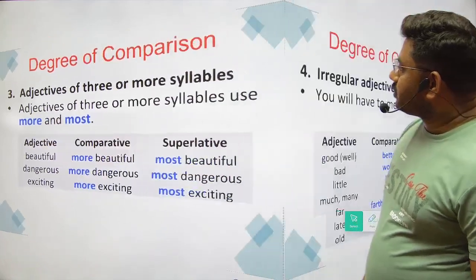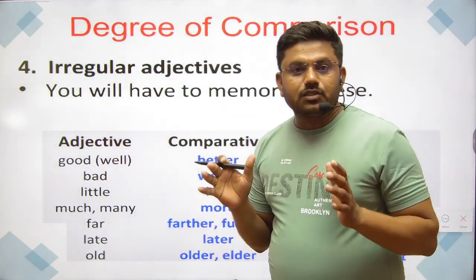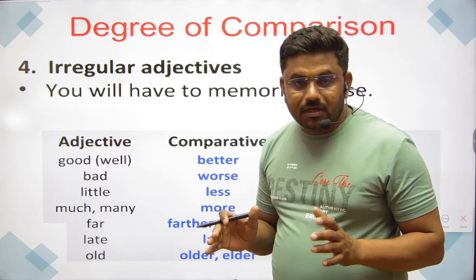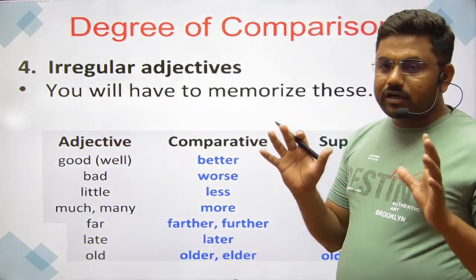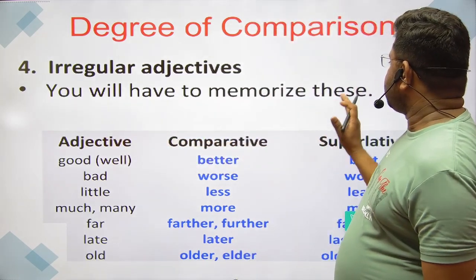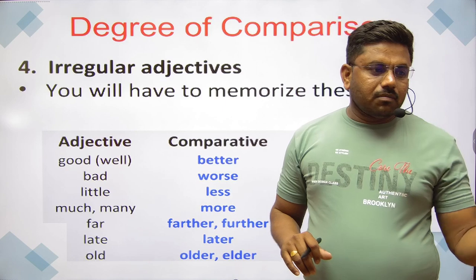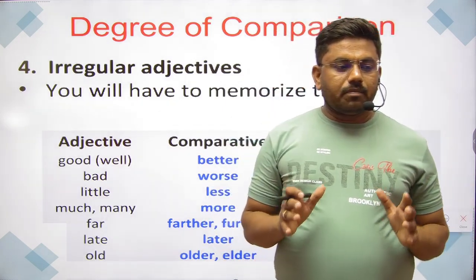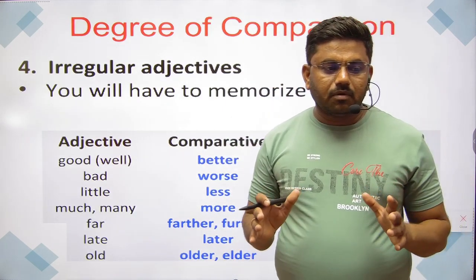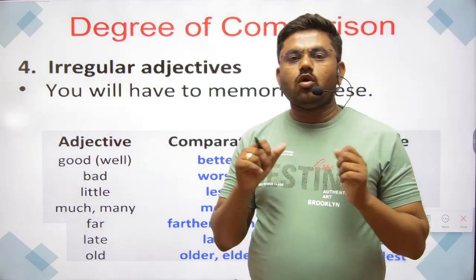Yes. Now see next, some irregular adjectives are also there. Irregular means not regular, so you will have to memorize them. Some adjectives are good, bad, little, much, many, far, late, and old.